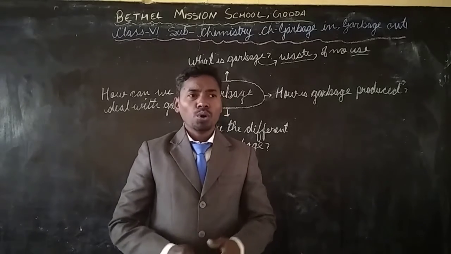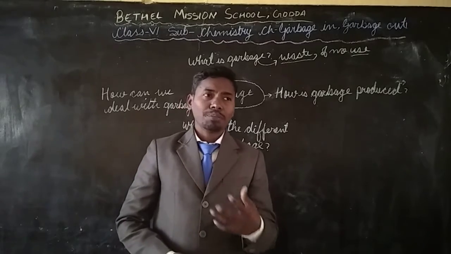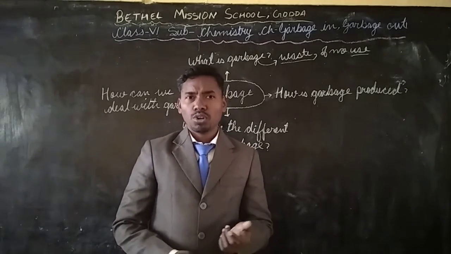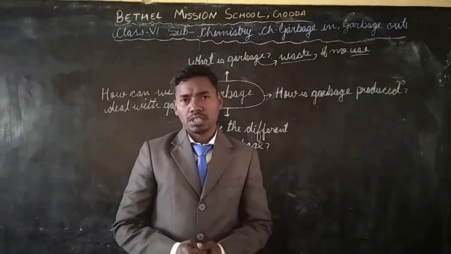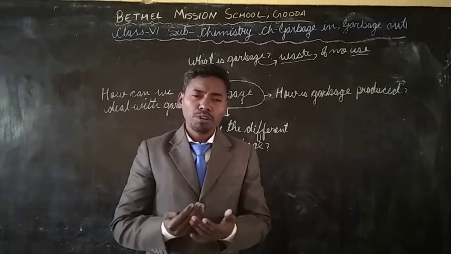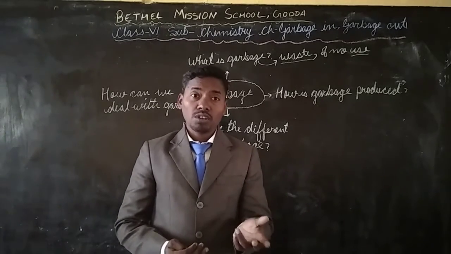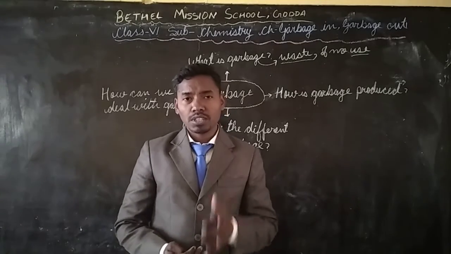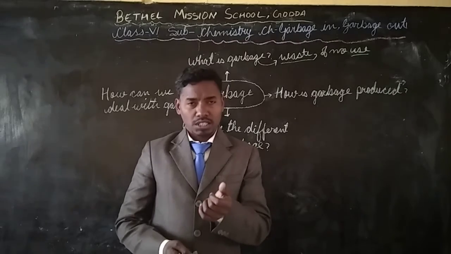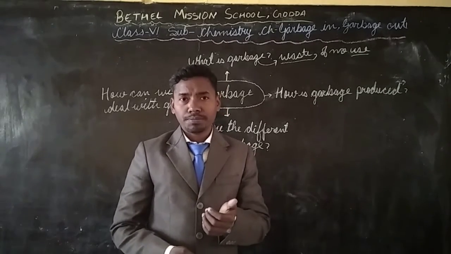So what we do, we give this leftover food to some animals, maybe cow, maybe dogs, maybe goats, whoever passes nearby. That leftover food has become a waste for us, but it has become a useful thing for the animals. So you understand, usefulness or waste, both these terms are relative.